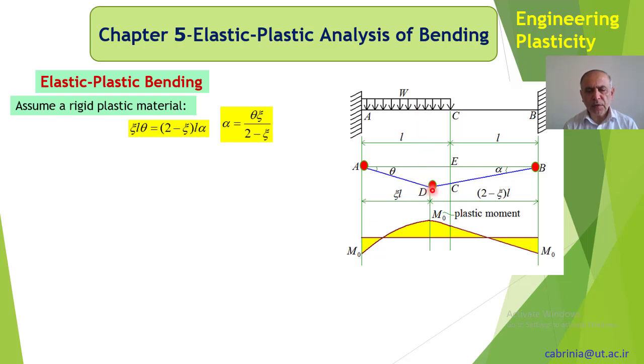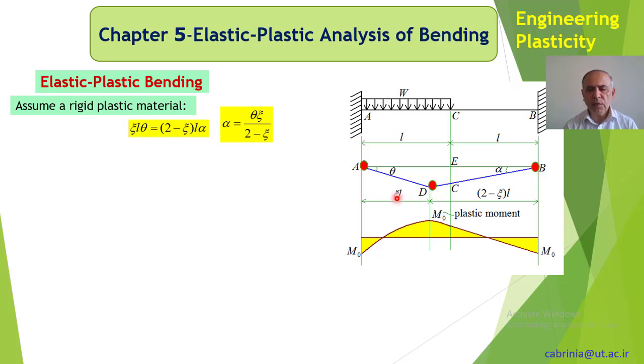So we take it at some point in here, because we are sure that it will be somewhere here. It won't be here, because the load is distributed here. So it should be somewhere here, like that. That's why we call that A, D, that's the middle point, C, and that's B.